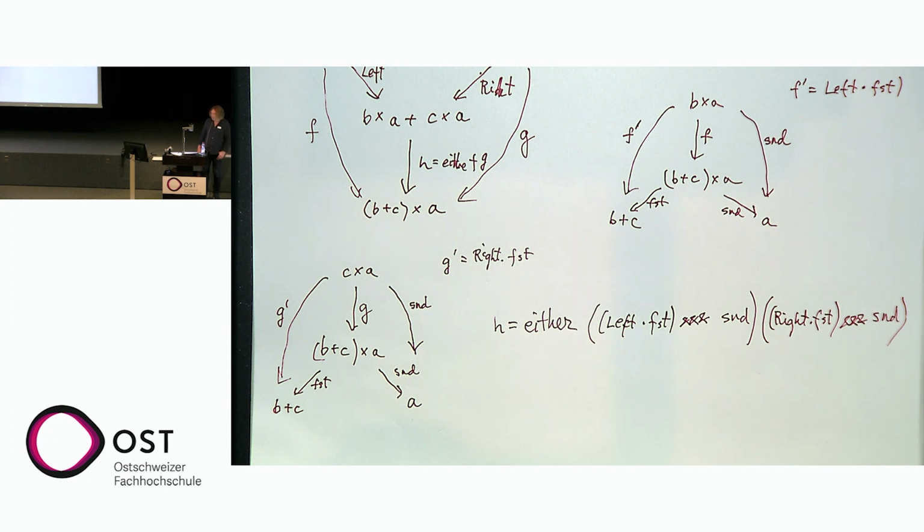I mean, to define this arrow, I need this pair of arrows. But these arrows in a pair are simpler already because I have decomposed something. So I can define each of them using another pair of arrows until I get to my primitives: first, second, left, right, and that's it.